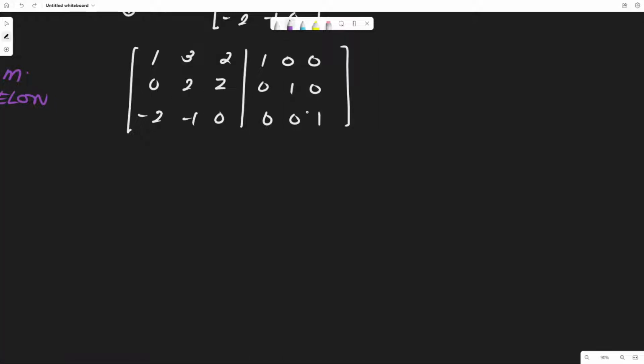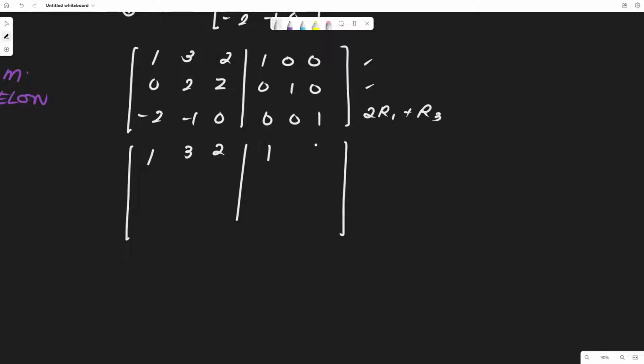First, what can I do? 2R1 plus R3, because that is already -2. So, as is, as is. So we have here 1, 3, 2, 1, 0, 0. Then we have 0, 2, 2, 0, 1, 0.